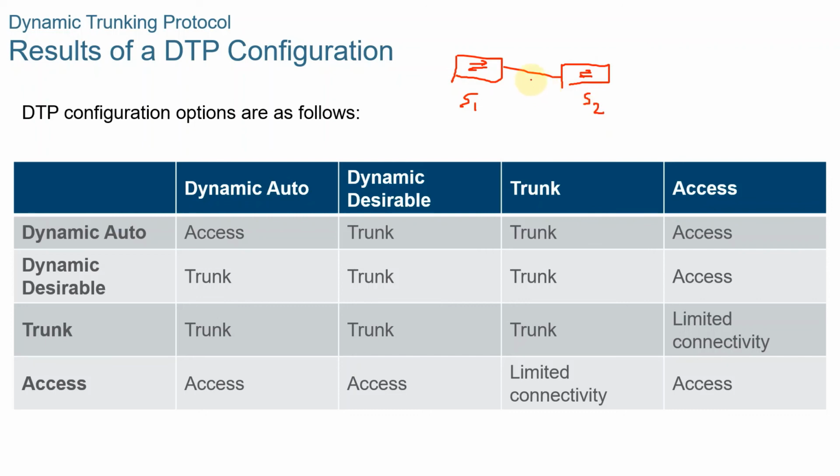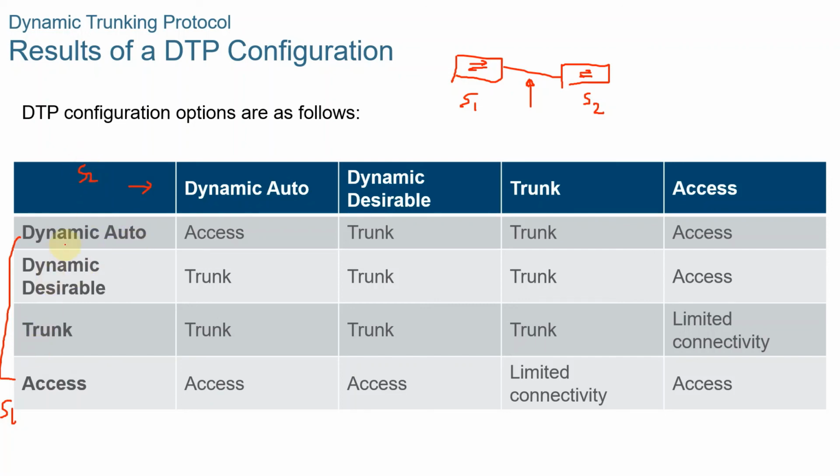Now if we are talking about this link here, to be a trunk, for instance, you've got switch 1 in this case. All right, so this is for switch 1, and on top here is the configuration for switch 2.